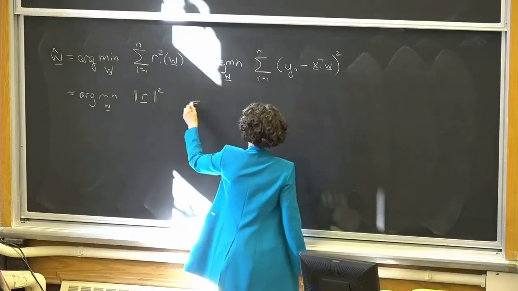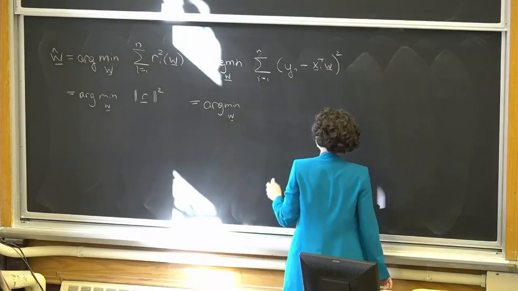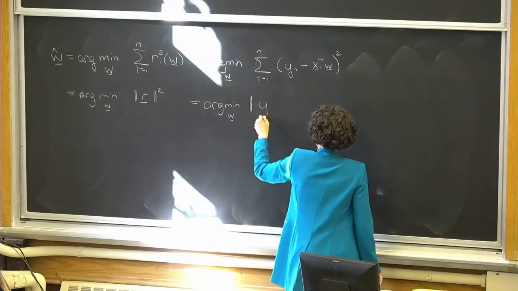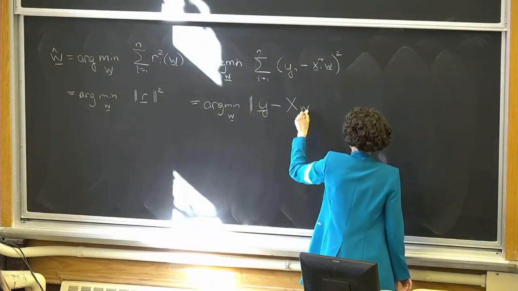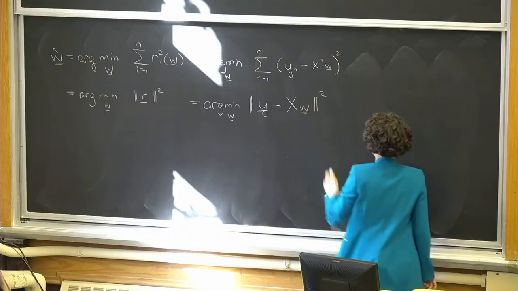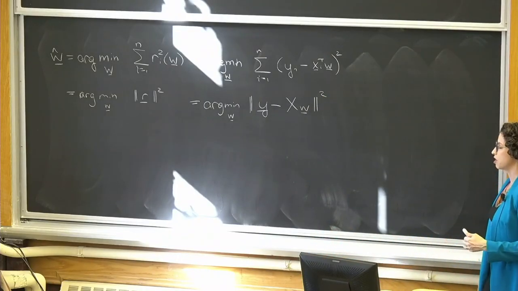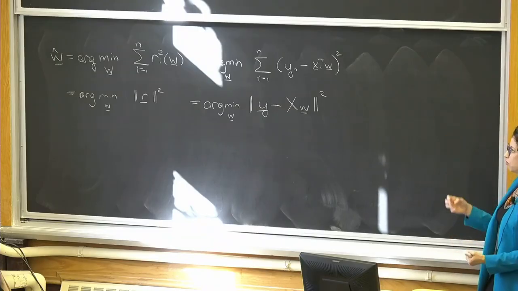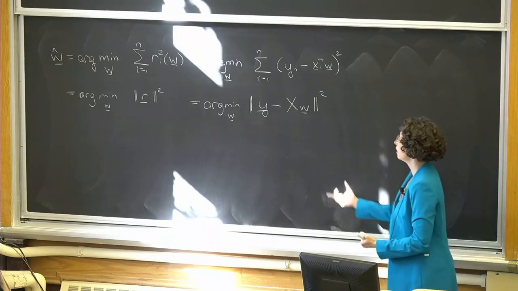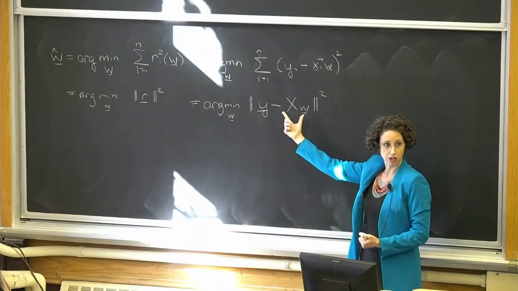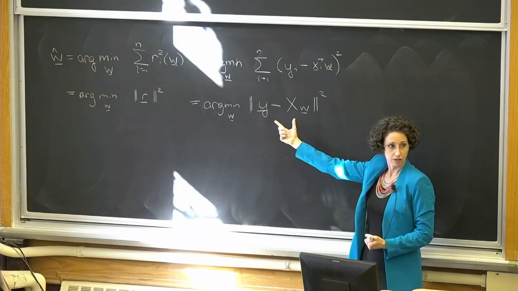In expanded form, it's the argument w that minimizes the norm of y minus xw, squared. So again, this comports exactly with our geometric picture. We're just trying to make the length of this residual vector r as small as possible, and we are writing that residual vector explicitly in terms of our matrices and vectors.